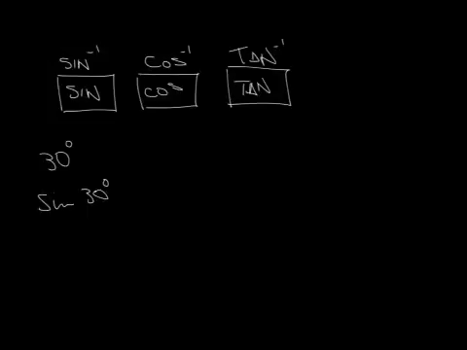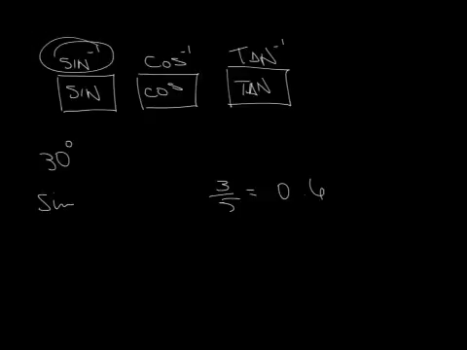Well, what if I did not know what this angle was? What if all I knew was that I had a ratio of 3/5? I didn't know the angle. What I would do then is I would take 3 divided by 5 and get 0.6, and then I would push my shift key.